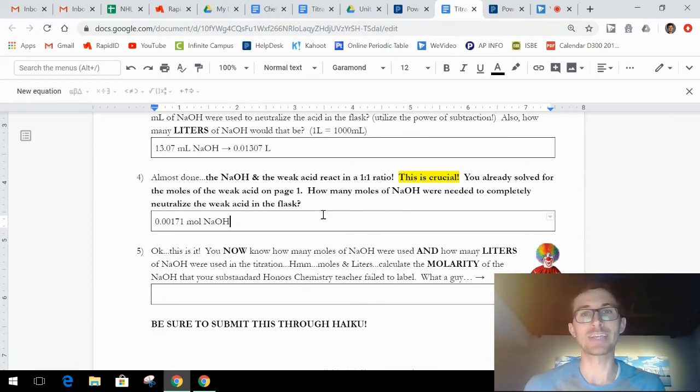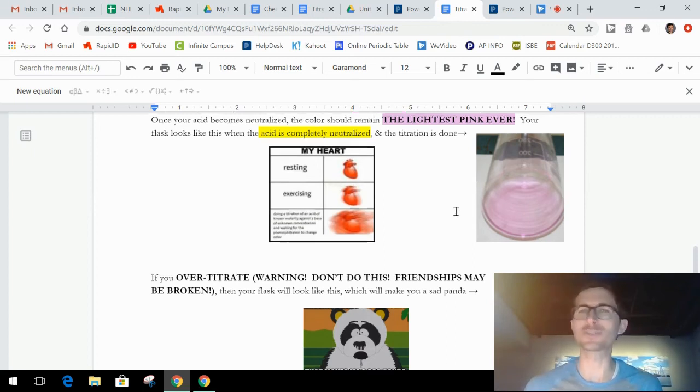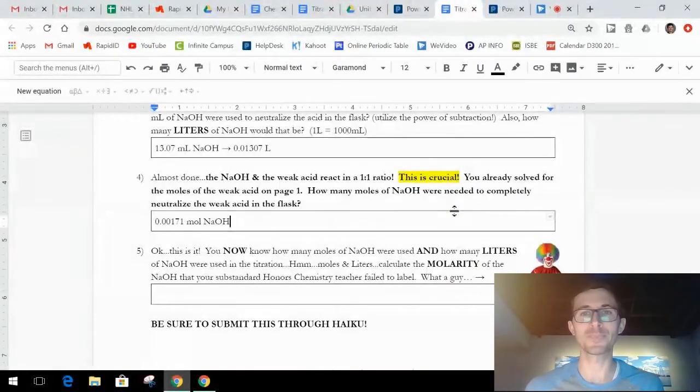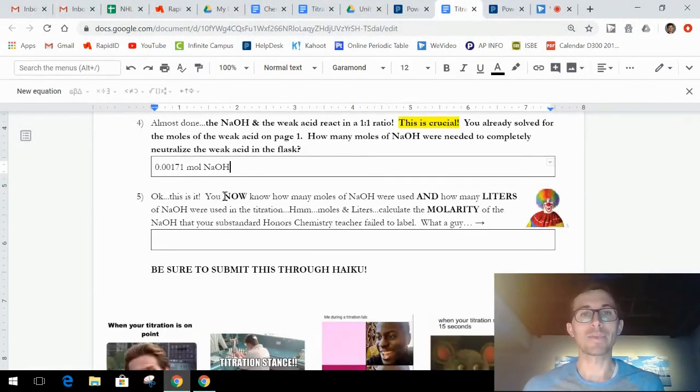That's why it's crucial to get the titration to the light pink, because if you use too much base, then your data is ruined. Your volume of NaOH is ruined because there's too much added, and then it's not perfect. That's why a lot of trials are done for titration to get a good average. So at the end, you now know how many moles of base, right up here, and how many liters of base were used in the titration.